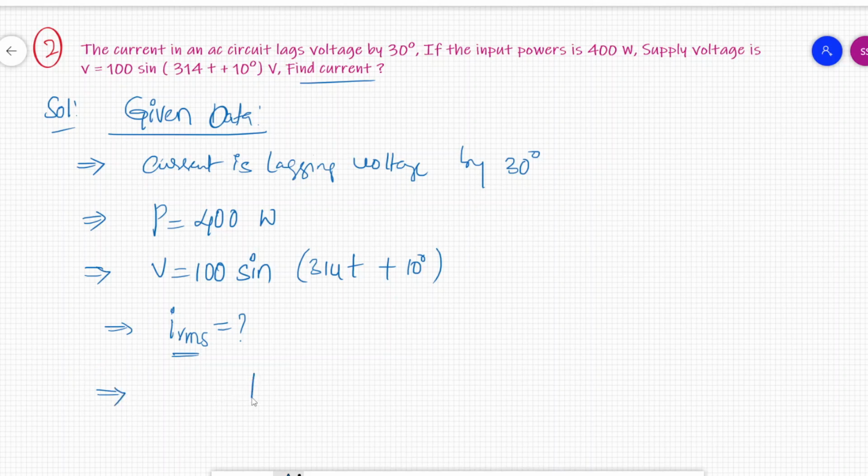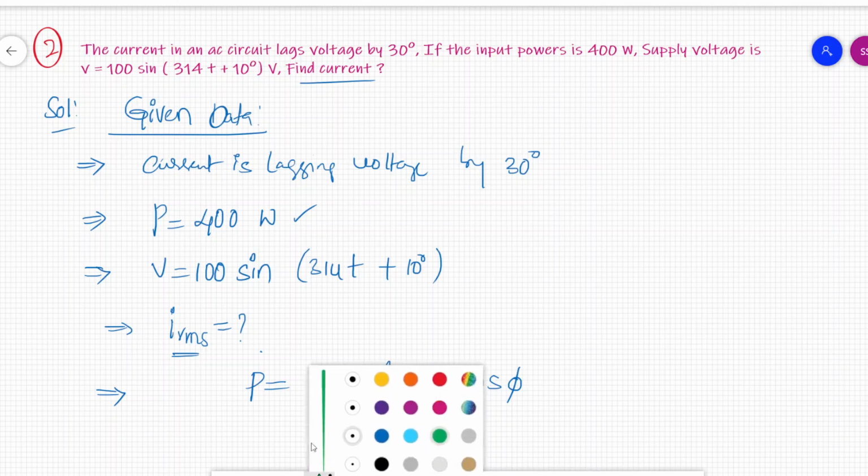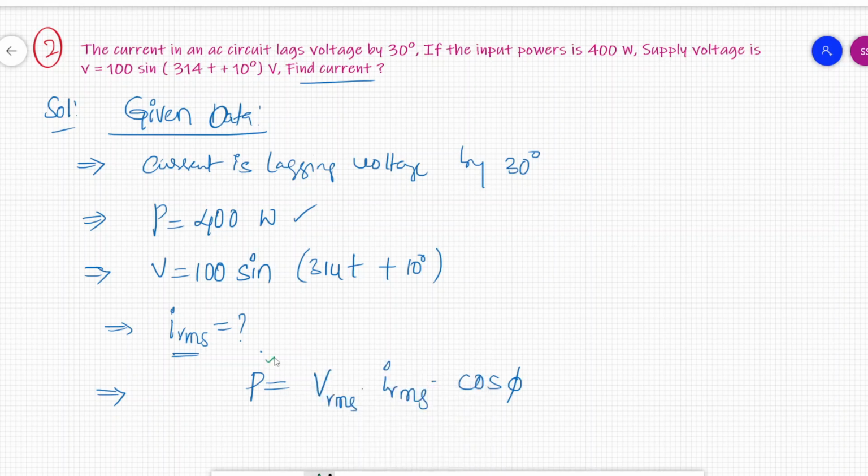We have the power given as 400 watts, and the expression for power is V RMS into I RMS into cos of the angle between voltage and current. We have the power given in the question, and we can obtain the RMS value of voltage, and we can get the phase angle between voltage and current.